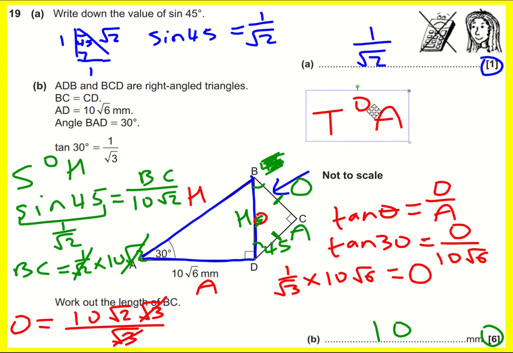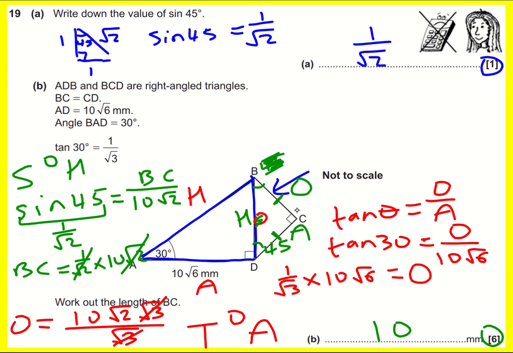It's a really nice way because it's a right angle triangle. You could use Pythagoras' theorem. So you could say that because these two are the same, they're both BC, and it must be that BC squared plus BC squared, because CD is the same thing, will equal this 10 root 2 squared.